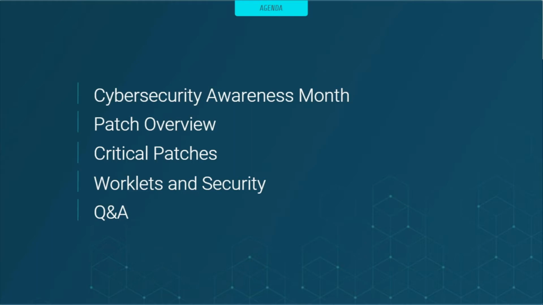And then we're going to get into the Microsoft critical vulnerabilities in detail. Once we're done with the Patch Tuesday content, Adam is going to take us through using Automox worklets to enhance your security posture, and he'll show you how to configure specific attributes and functions.